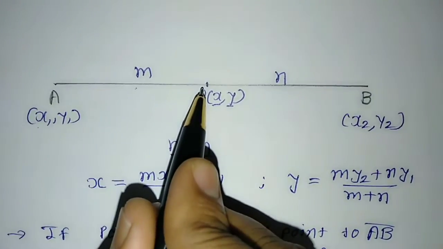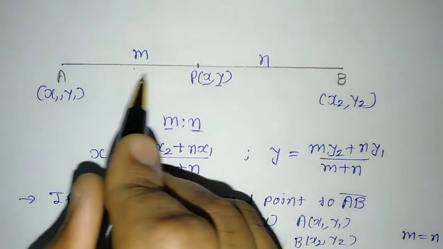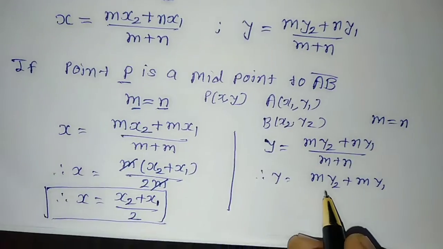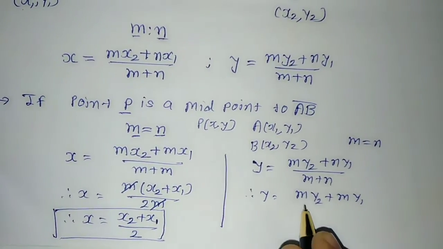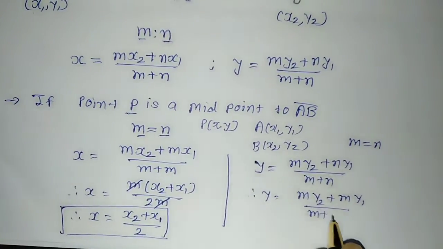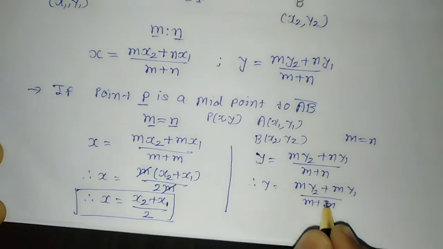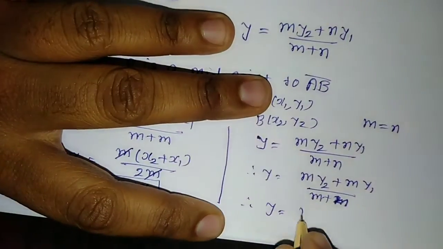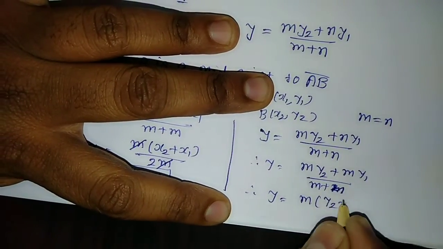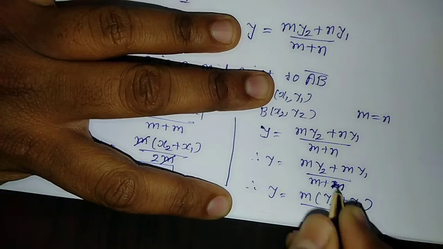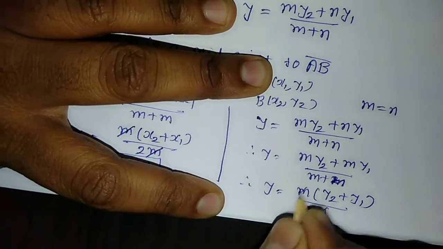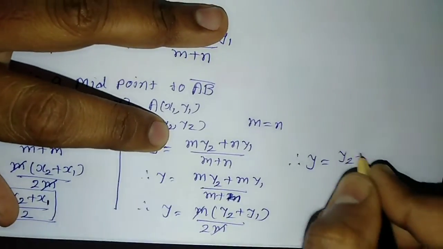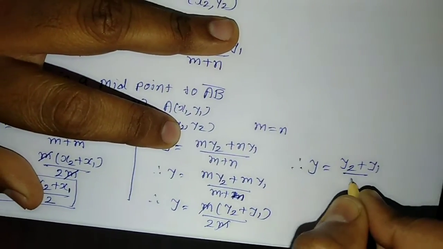If P is the midpoint of line segment AB, this distance will be equal to this distance. So y = (my2 + my1) upon (m + m). Taking m common, y = m(y2 + y1) upon 2m. The m would be cancelled, so the formula will be y = (y2 + y1) upon 2.